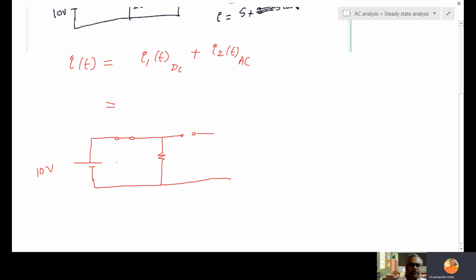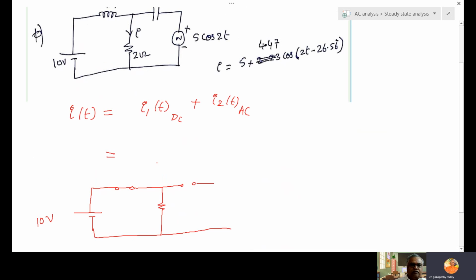This is 10 volts given, resistance of 2 ohms. Here physically inductor is there, here capacitor is there. But for DC, this is short, this is open.